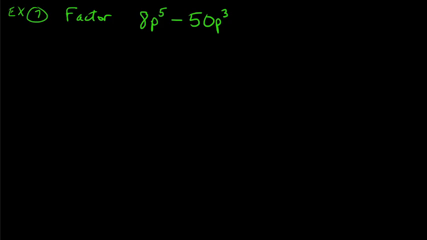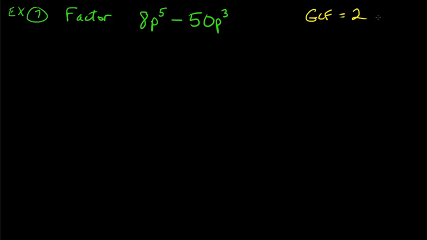Try this one. Okay, so try 8p to the 5 minus 50p to the 3. 8p to the power 5 minus 50p cubed. Got it? All right, well, let's see how you did. GCF is not 1.